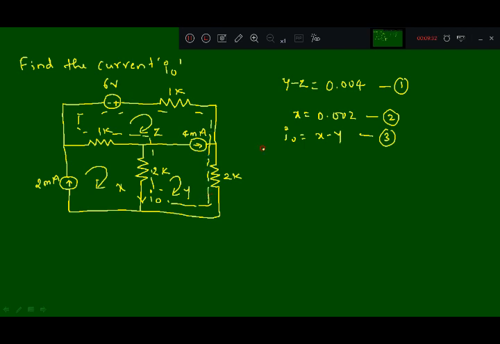So apply KVL to the super mesh. If you apply KVL to the super mesh, what happens?